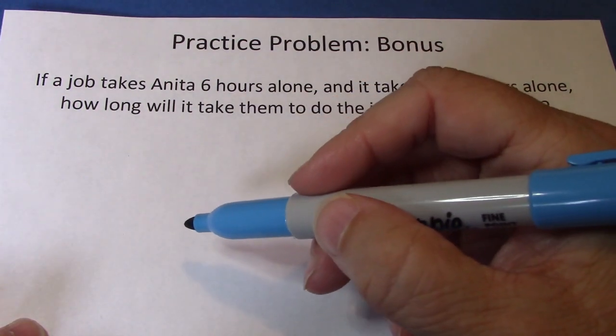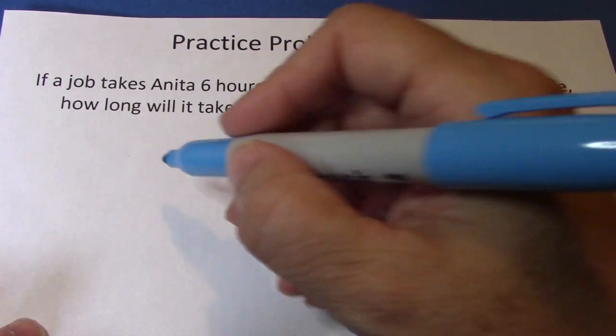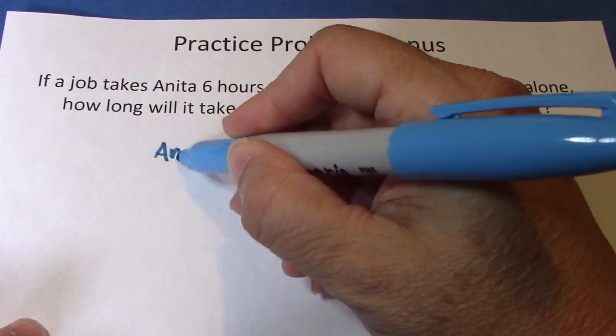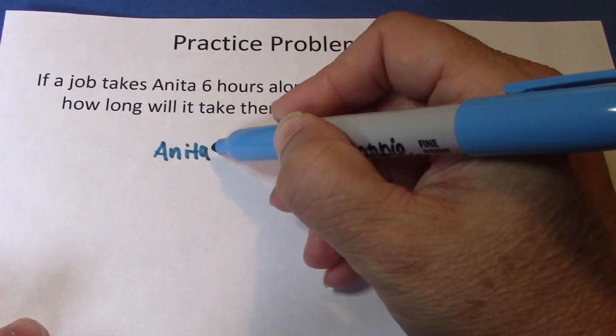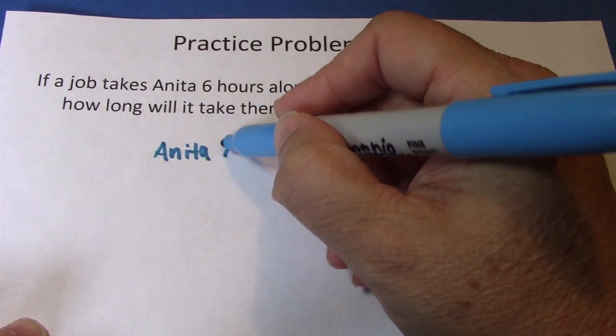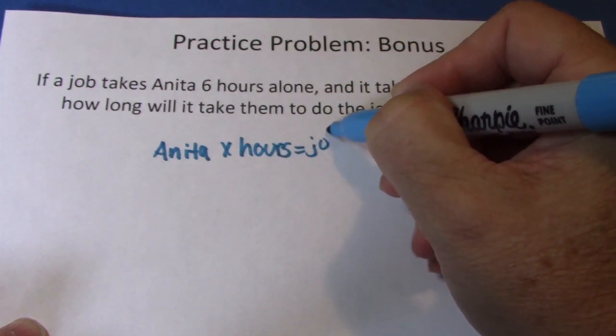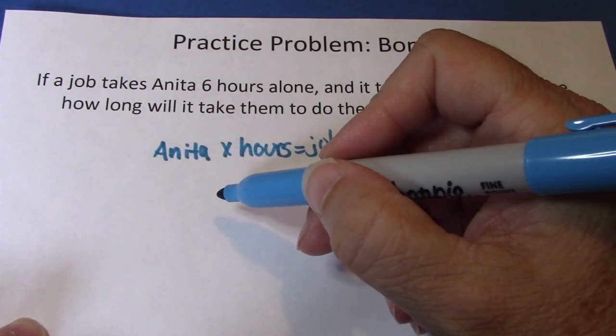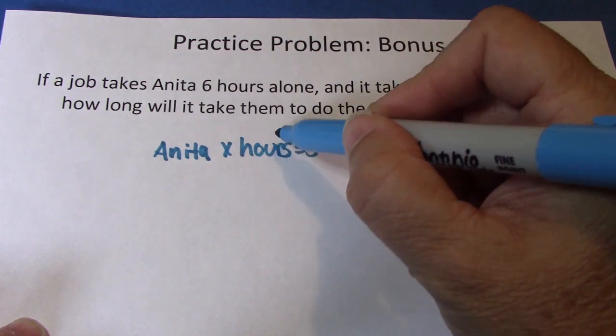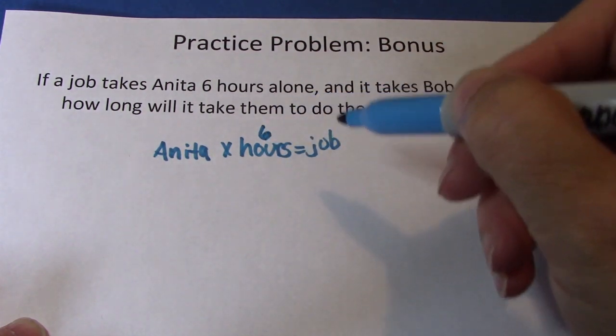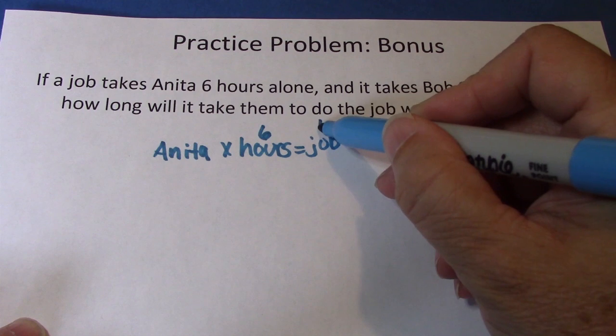All right, we have to set this up a little bit differently, but we have Anita hours equals the job. So Anita can do the job in 6 hours to do one job.